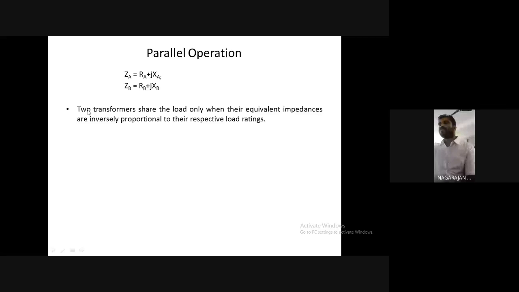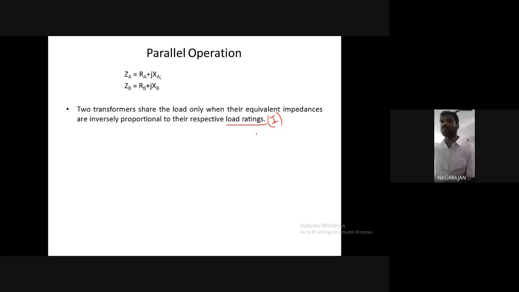This is a very important theory for connecting two transformers in parallel. Read it out: two transformers share the load only when their equivalent impedances are inversely proportional to their respective load ratings. The load rating is always denoted in terms of current. To find whether a machine is loaded, you need to measure the current value. You cannot find out whether a transformer is open circuited just by looking at the circuit. Similarly, if a generator is running, you cannot identify whether its terminals are short circuited or open circuited.